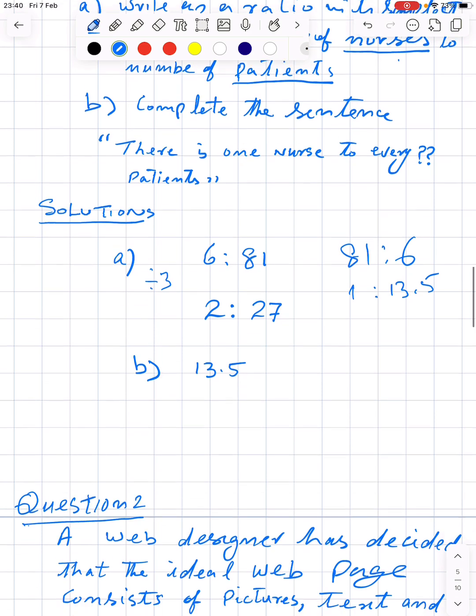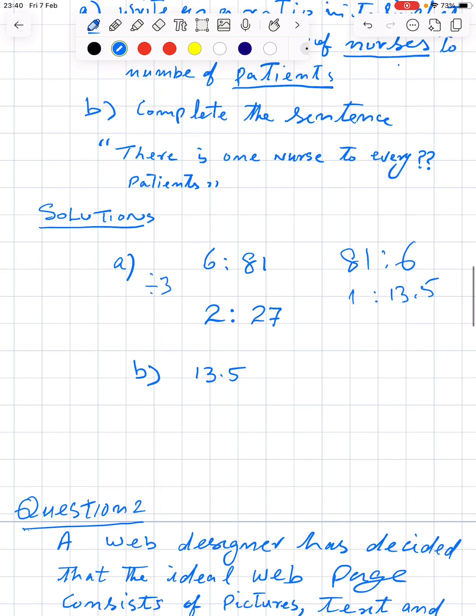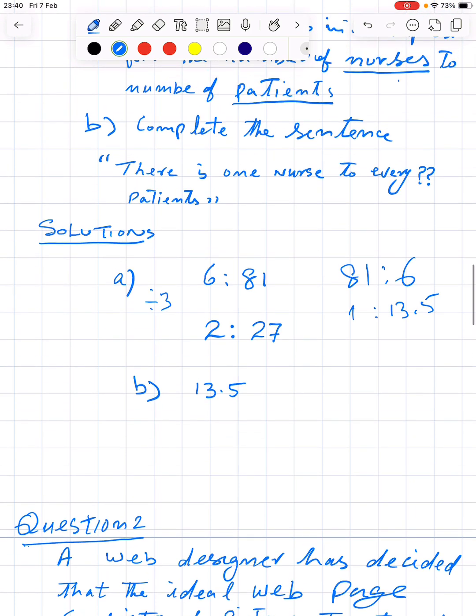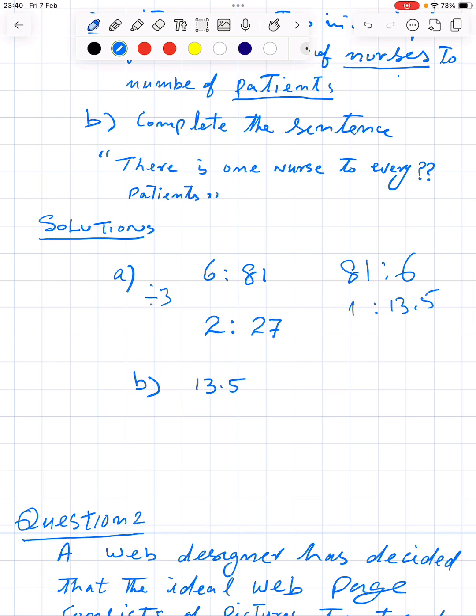And the part B simply is the ratio between nurses to patients. So it's 81 divided by 6, which gives us 13.5. And the sentence will read, there is one nurse to every 13.5 patients.